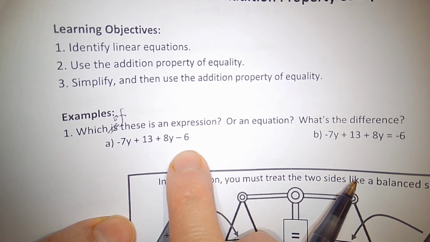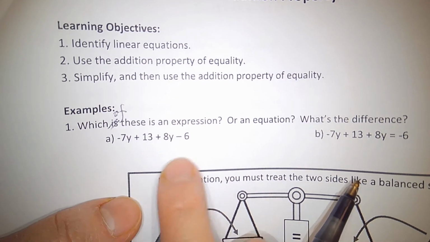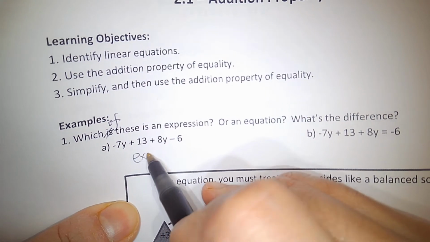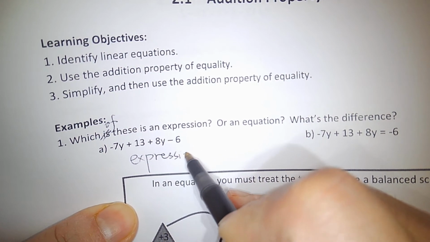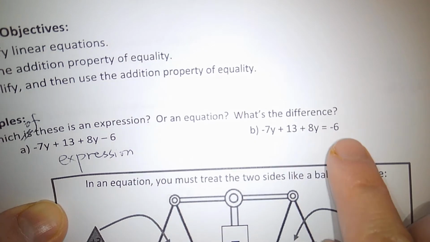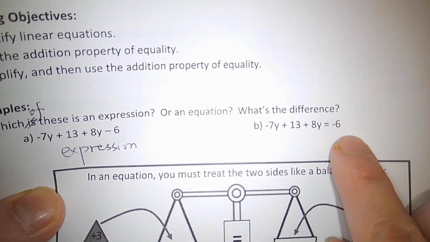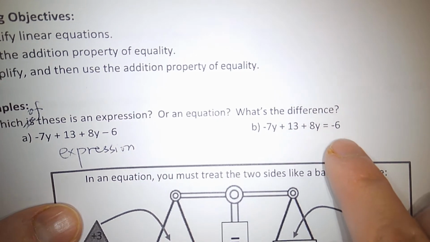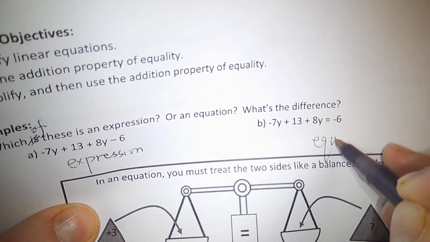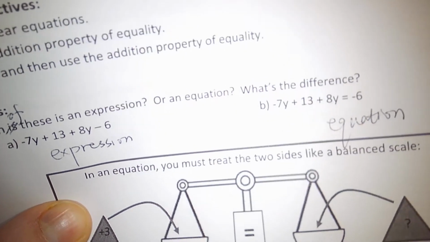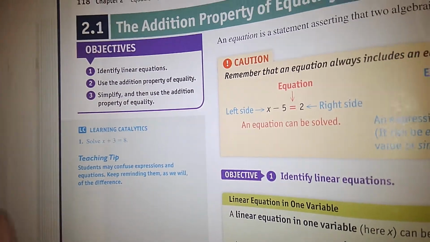Expression. Why? No equal sign, right? No equal symbol. So this is an expression. And how about this? Is this an equation or expression? Equation. Why? Because there's an equal symbol inside. So this is an equation. Okay, very good, guys.